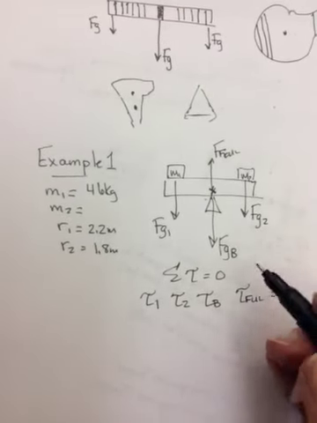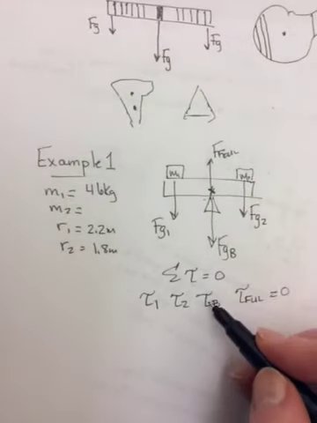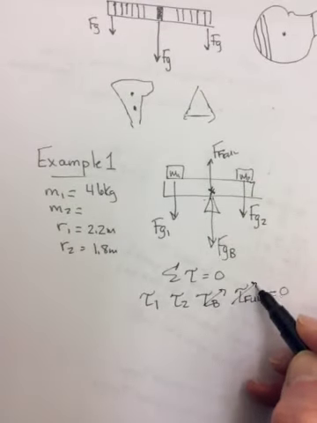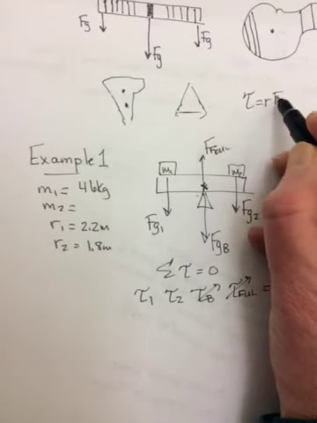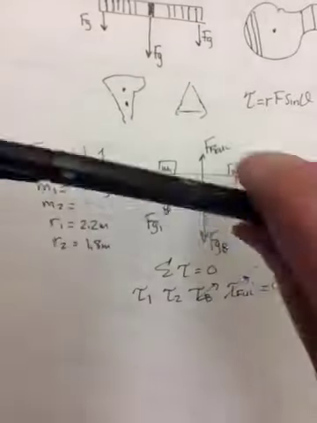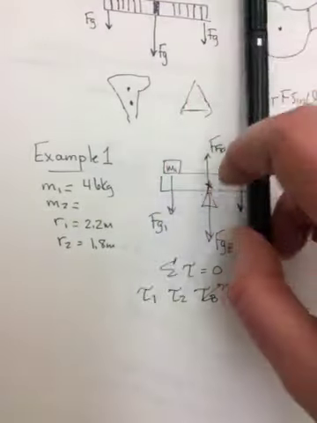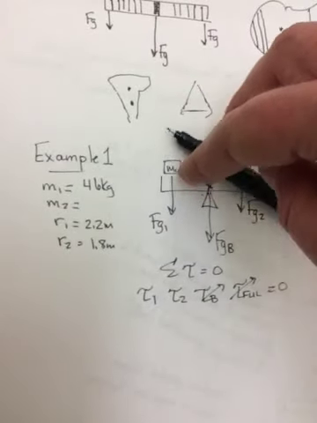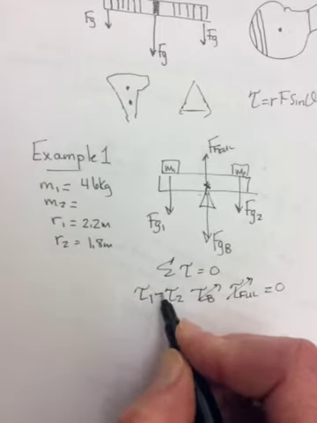But the board and the fulcrum go through the pivot point, so both of those torques are 0 because their R's are 0. Remember, torque is R F sine theta, so if R is 0, the torque disappears. Kid 1 makes the board rotate counterclockwise, which is positive. Kid 2 makes the board rotate clockwise, which is negative.